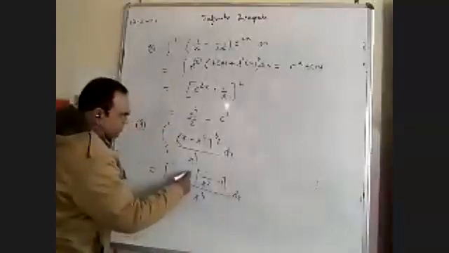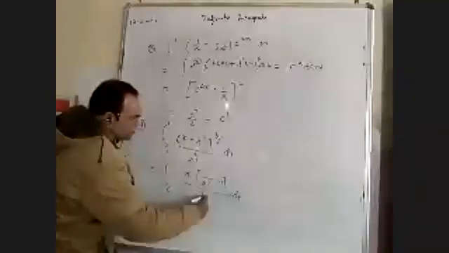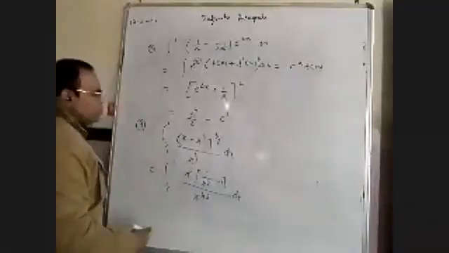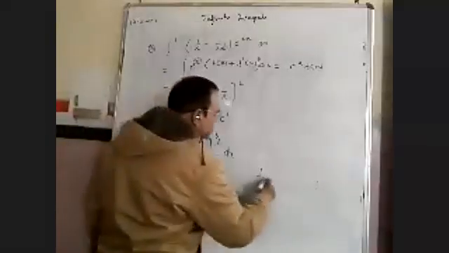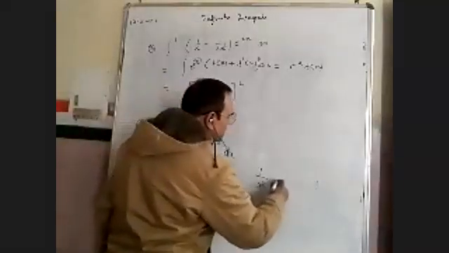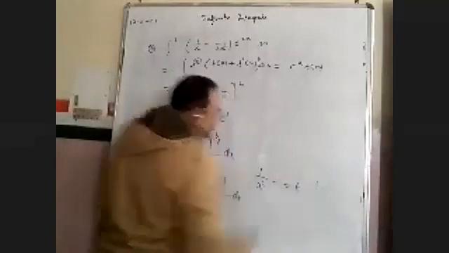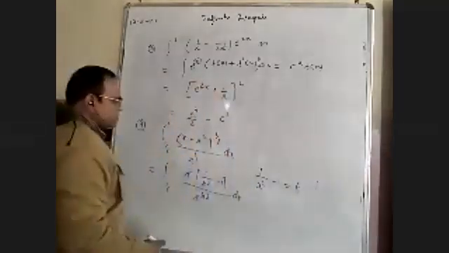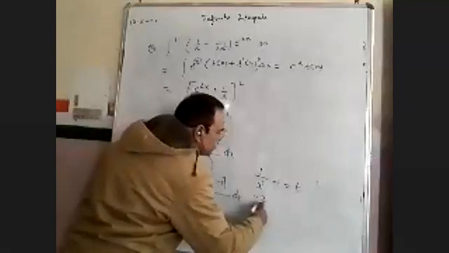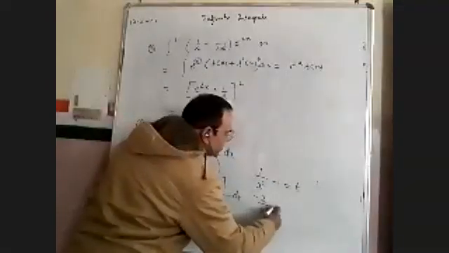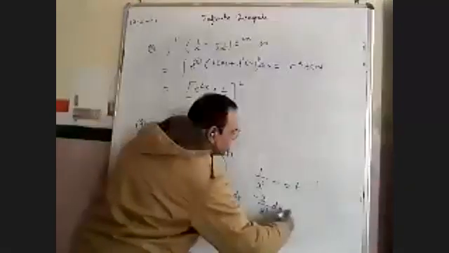You can eliminate one power also here. Now you assume 1/x square minus 1 is equal to t. So what will be the differentiation? The differentiation will be minus 2/x cube dx is equal to dt.